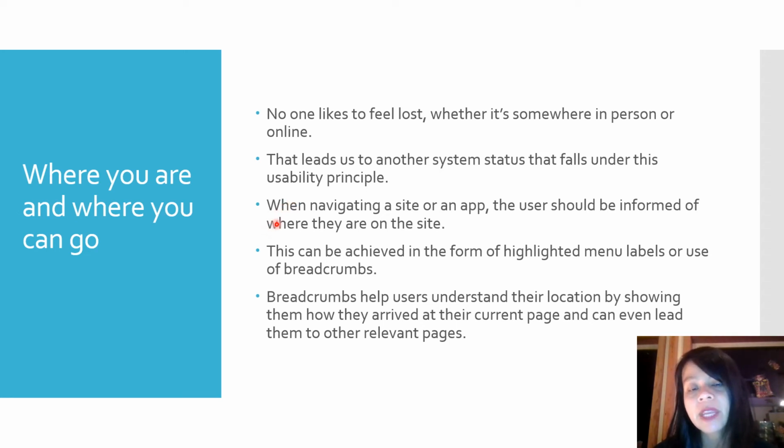When you're navigating a site or an app, the user should always be informed where they are on the site. You can achieve this using highlighted menu labels or using breadcrumbs. Breadcrumbs help users understand their location by showing them how they arrived at the current page and can even lead them to other relevant pages. So not only are you showing where they are, you can also show them where they can go.